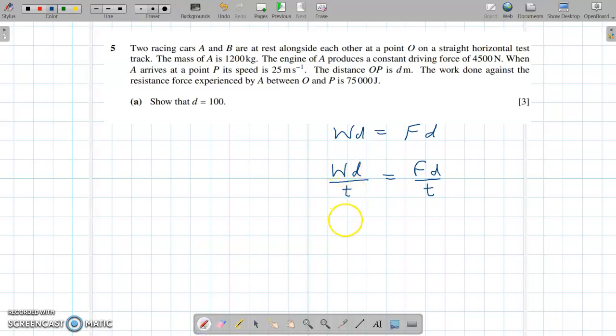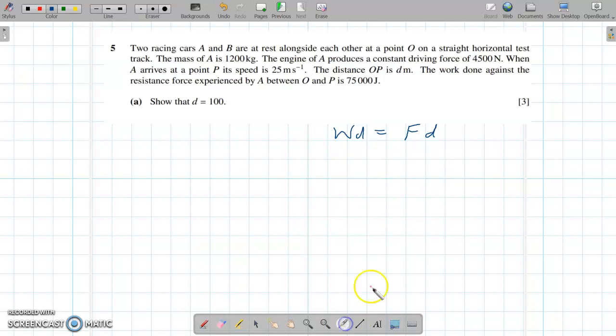So the rate of work done is the power, which equals F times distance over time, and distance over time is speed or velocity. So that's where this equation comes from. P equals FV is very easily derived from the work done equation. We're not interested in power in this particular question, so let's delete that.